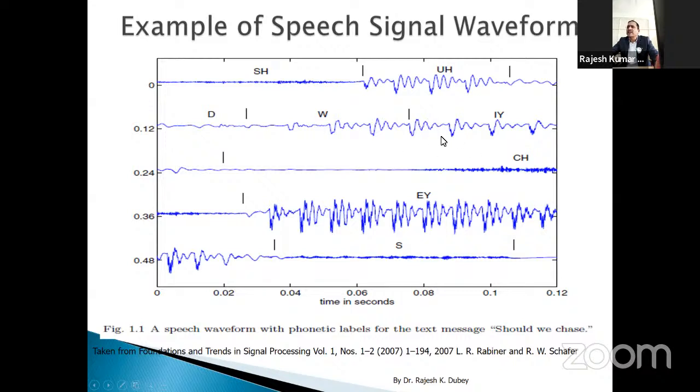Not completely periodic, so here we call it quasi-periodic, or section-wise periodic. Where voiced sound is there, there is some periodicity and more magnitude, and otherwise unvoiced sound has low magnitude and a noisy type of character. So on that first observation, we can analyze this as a signal, and the smallest unit is the phoneme, and this is the phoneme level presentation of a speech signal.